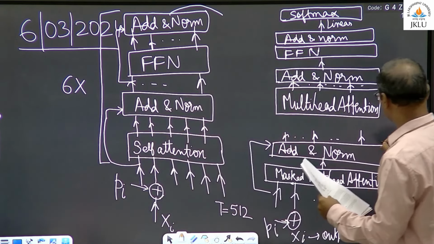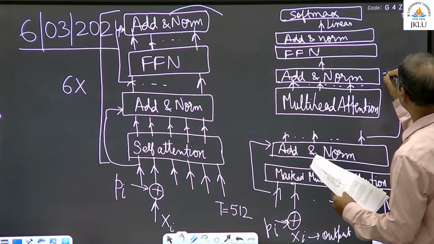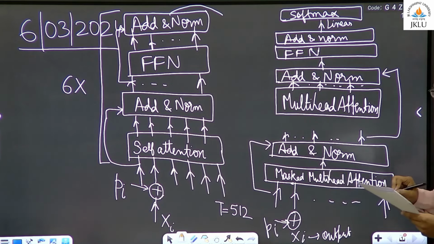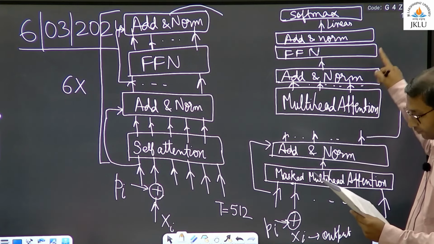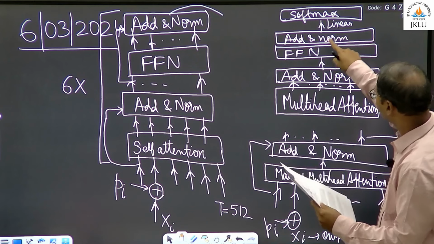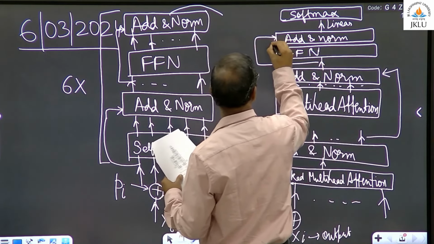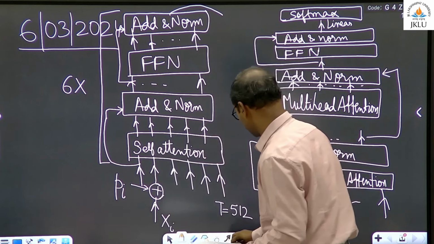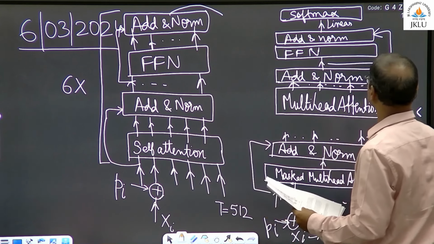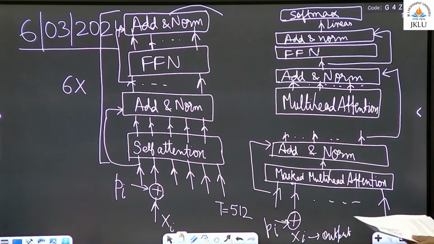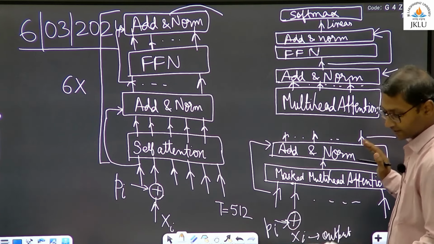Now I am drawing this particular arrow here. So you add and norm. Okay. Now what is left? Everything you have. So add and norm here. What will go to this add? This output? I should have drawn it on that side. Okay. What is left? Everything is done. Then tell me what is left.